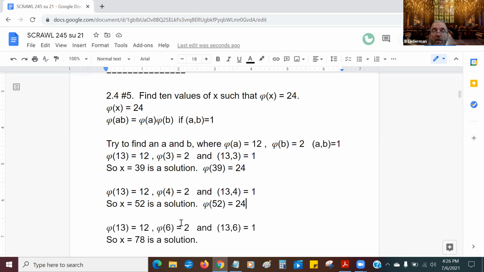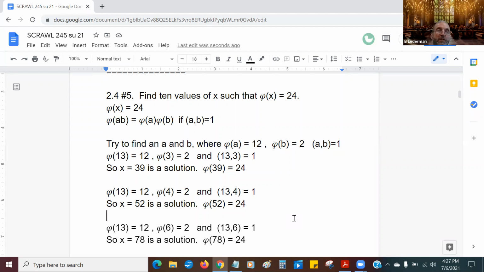And 13 and 6 are, again, relatively prime. So 13 times 6, which is 78, is also a solution. In other words, phi of 78 is 24. Isn't that interesting?